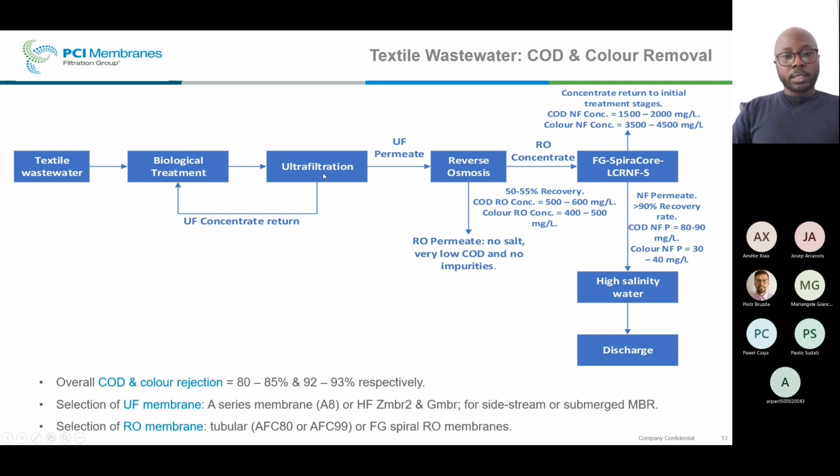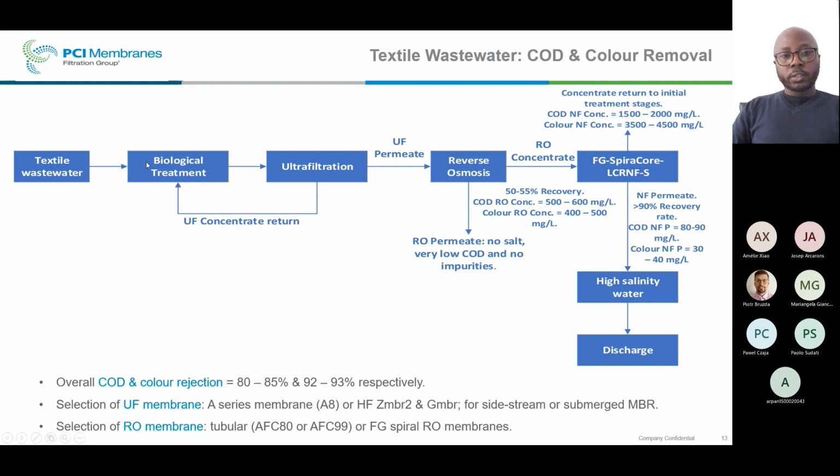So either using the hollow fiber membrane that we can supply from PCI, or you can also implement the use of the A series membrane, mainly looking at the A8 membrane config system that could be used as a side stream MBR for these applications.